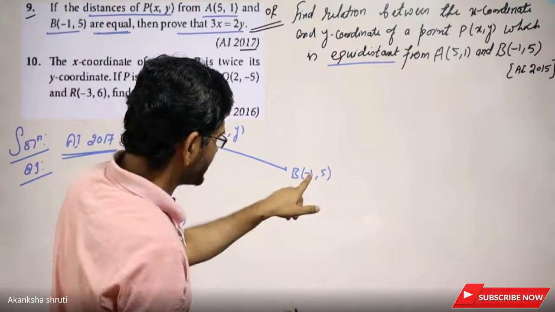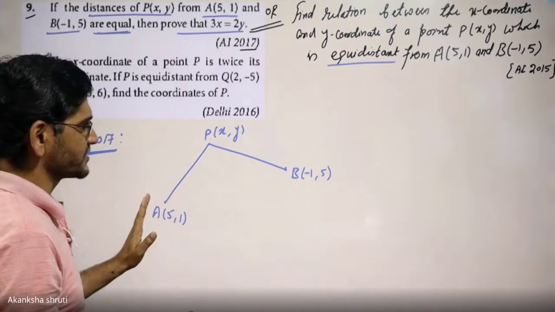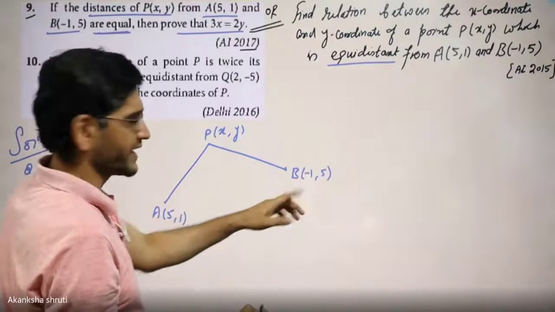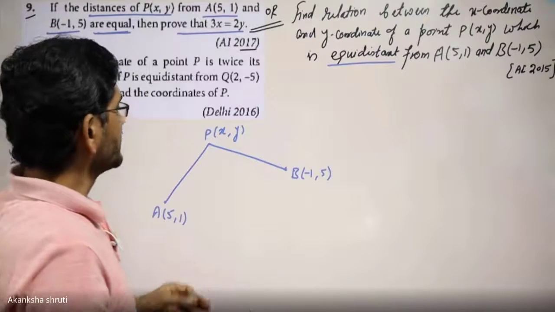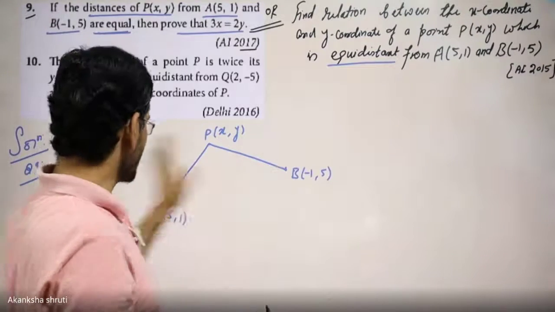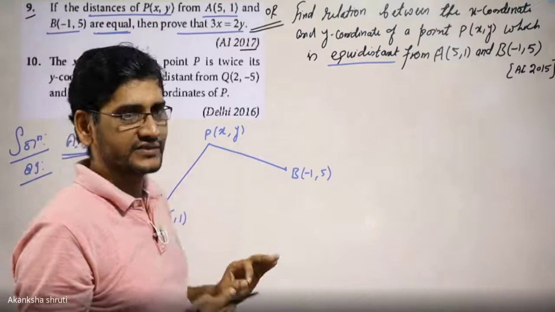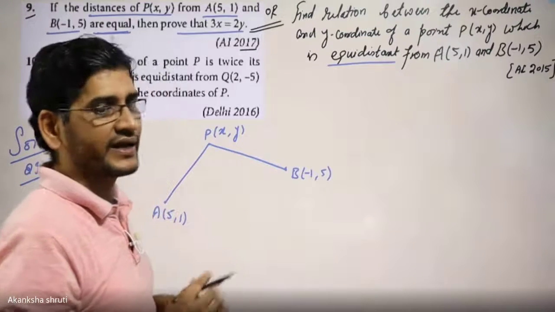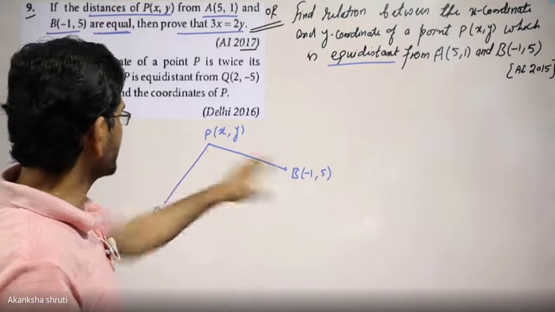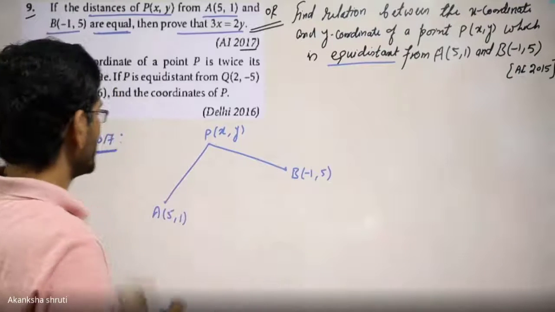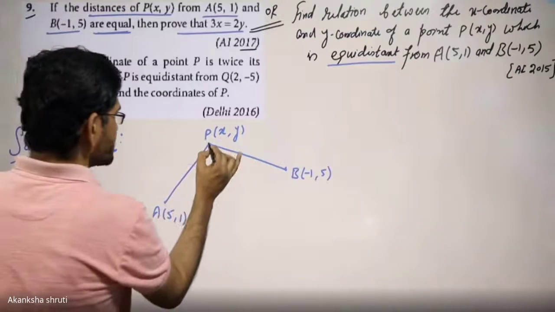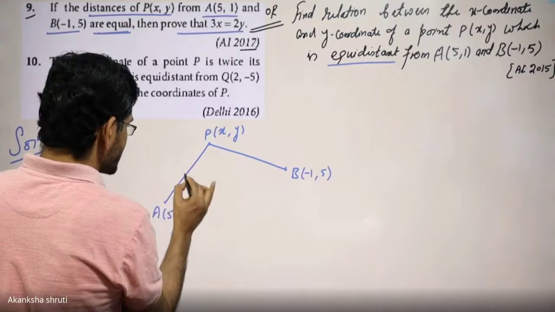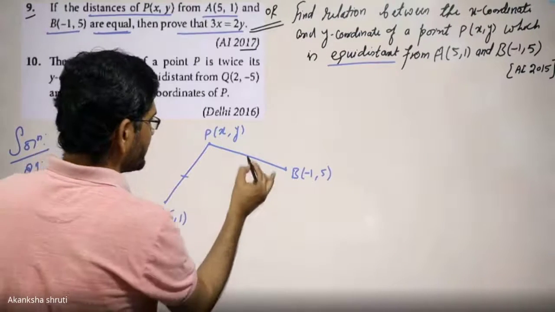Don't worry that B shall be taken on this side because x is negative. If we draw on the coordinate system, surely it will come on the left hand side. We are just drawing the rough diagram, so even if you draw B here, that doesn't matter. The only condition is that point P is at equal distance from A and B.